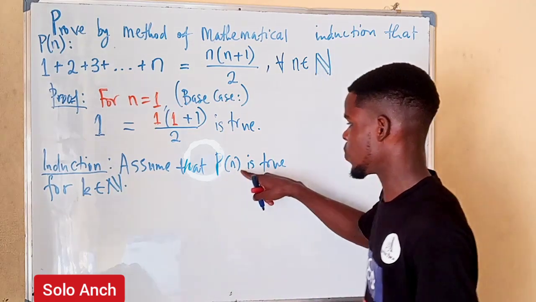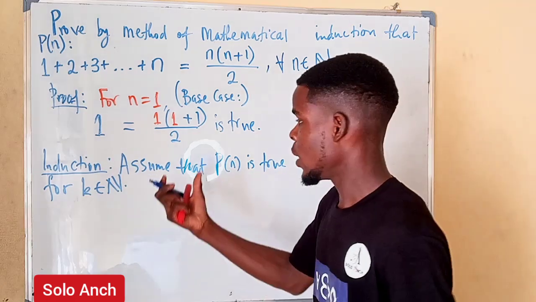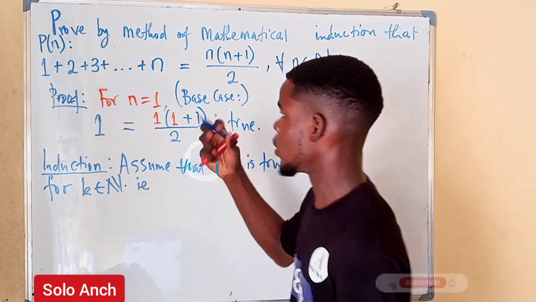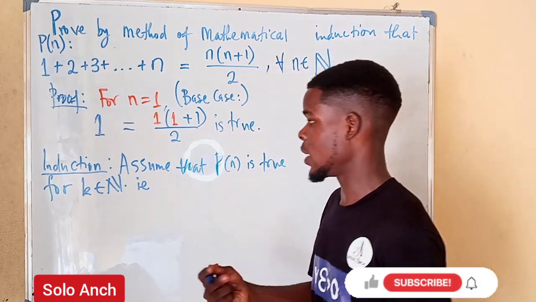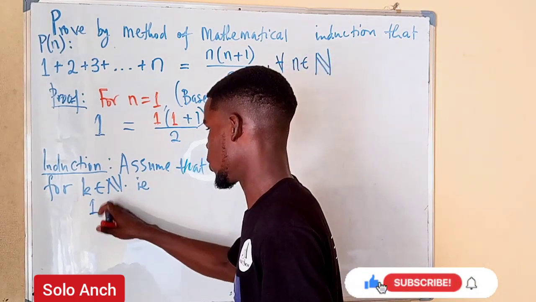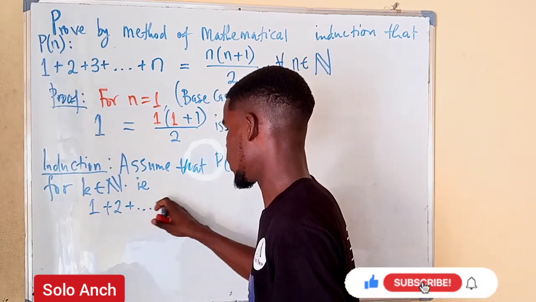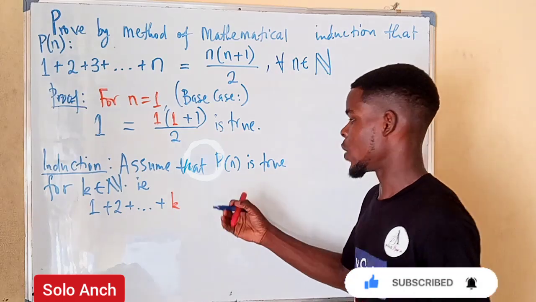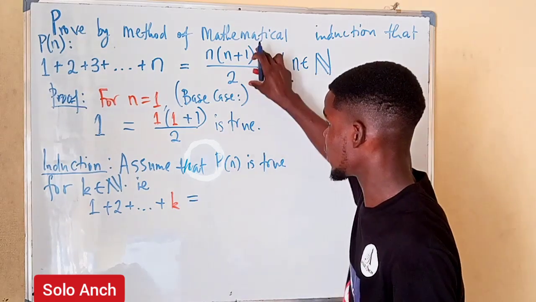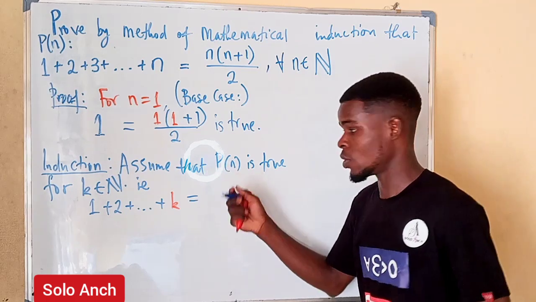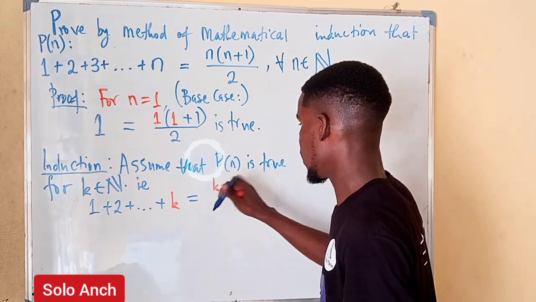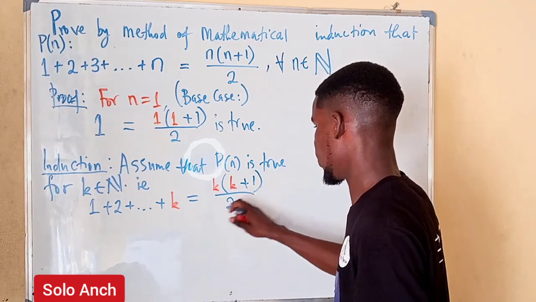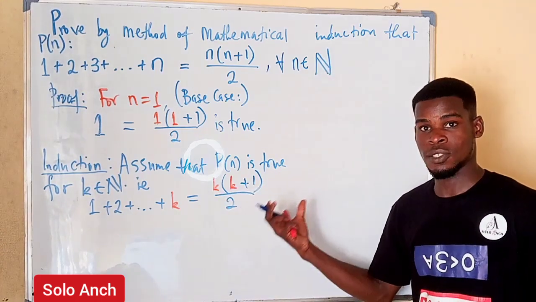What that means is that on the left hand side, you're going to add the first k natural numbers: 1 plus 2 plus, and so on up to k. That's what it means. Then we assume that this is the same as the right hand side, divided by 2. So we assume that this statement is true.